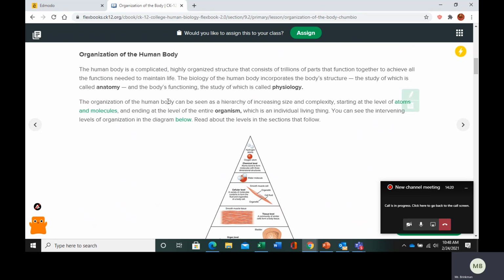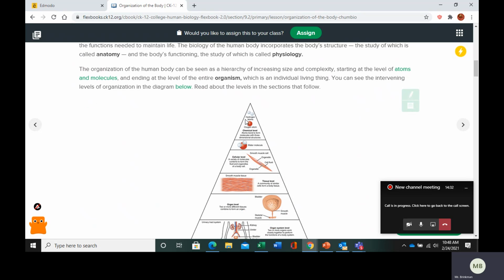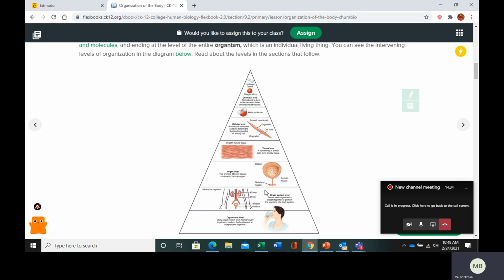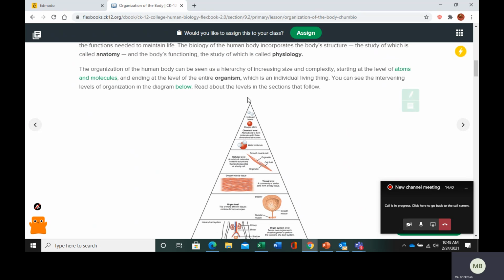So the organization of the human body is a hierarchy of increasing size and complexity. So you start at the smallest, simplest level, and you move to the largest, most complex level. So we start with atoms. Everything is made up of atoms. When you combine atoms, you make molecules.